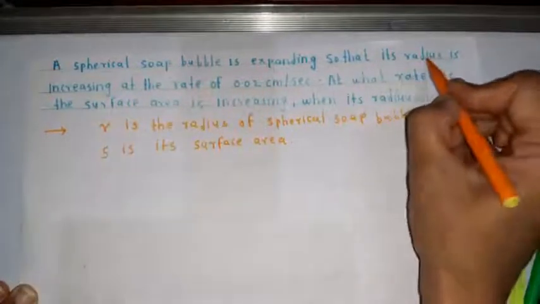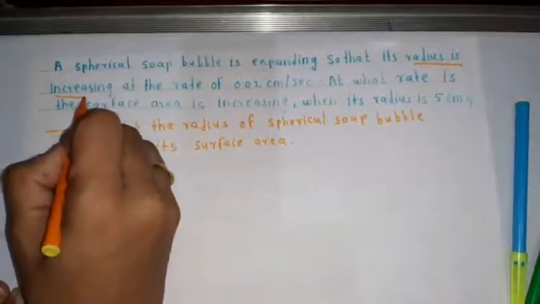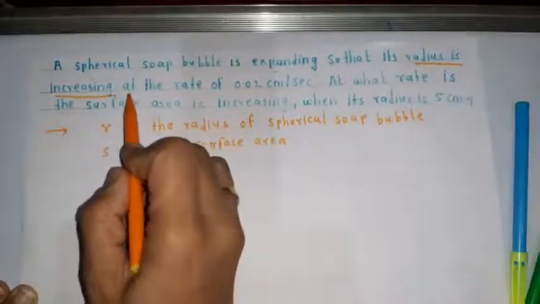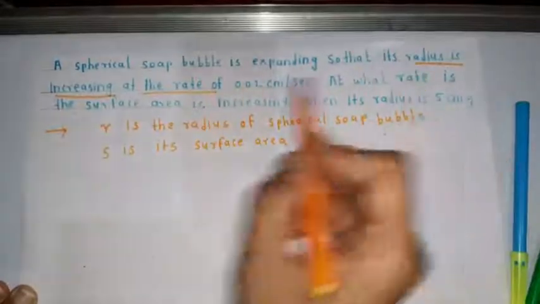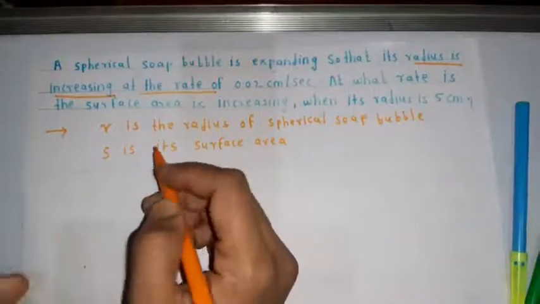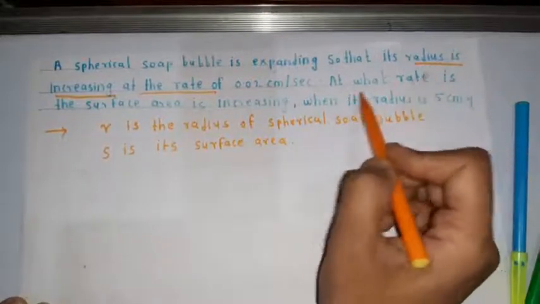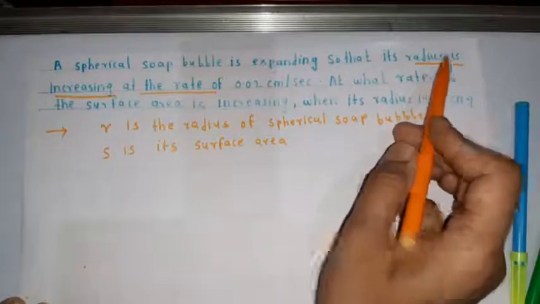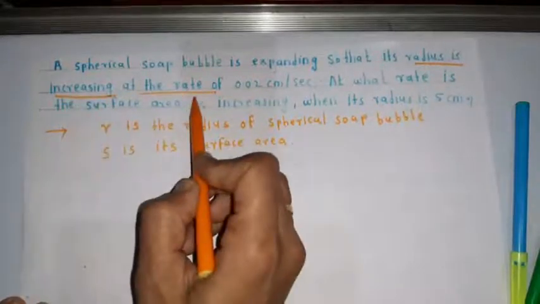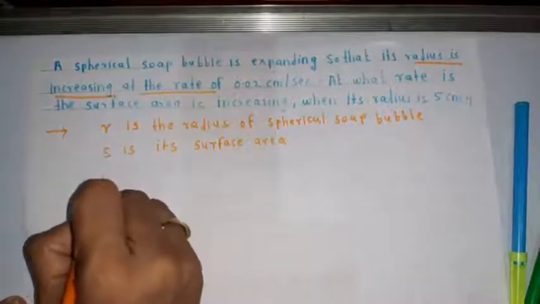is increasing. See, from the given, we can write here the radius is increasing at the rate, means the increasing rate of radius is given. Increasing rate of radius is dr by dt. Okay students, note these things that we have given that radius is increasing at the rate, means increasing rate of radius, that is dr by dt.